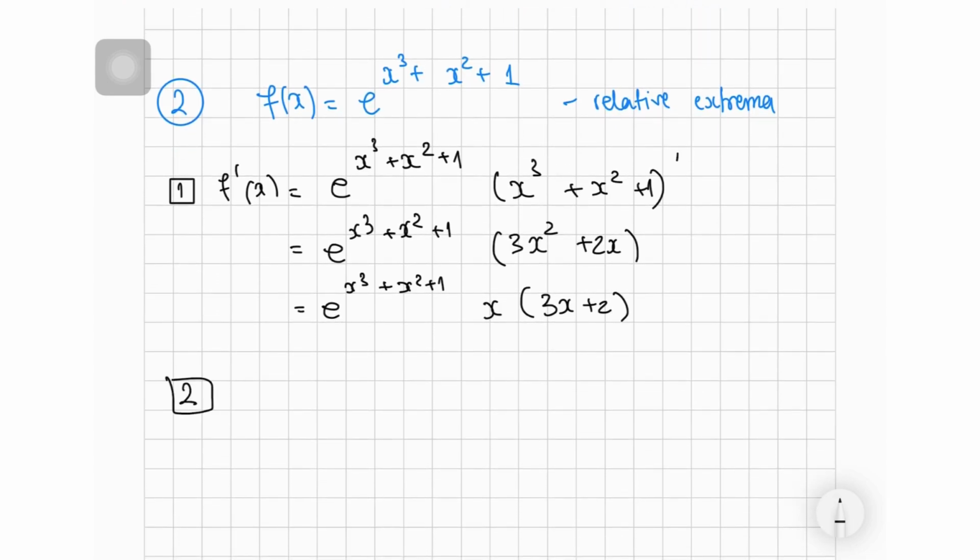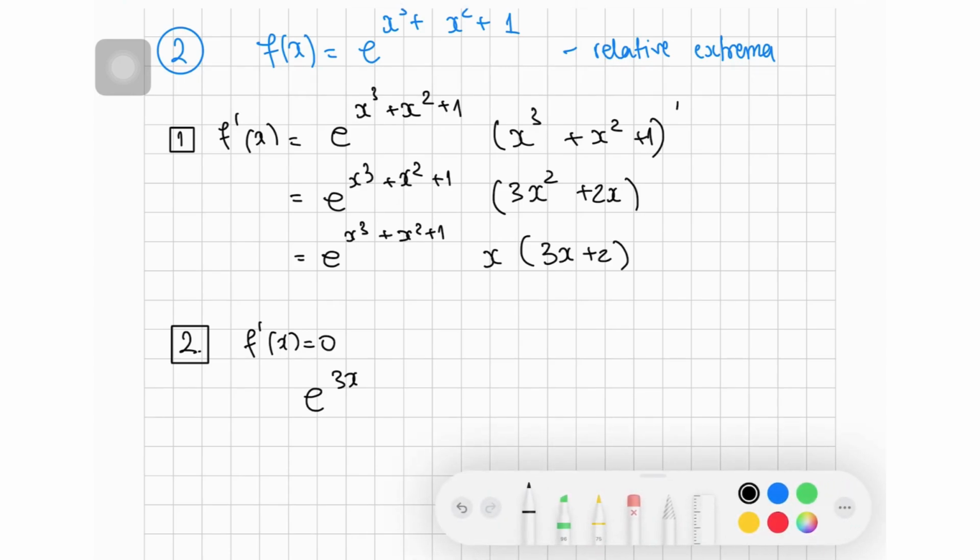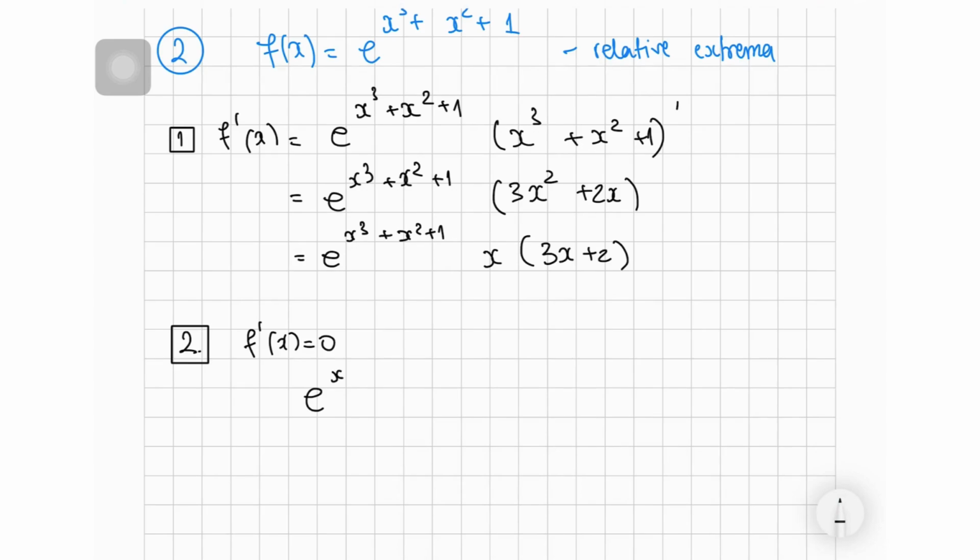Second step is to find the zeros of the derivative, so f prime of x equals 0. e to the power of anything is always different from 0, so e to the power x cubed plus x squared plus 1 is always different from 0.